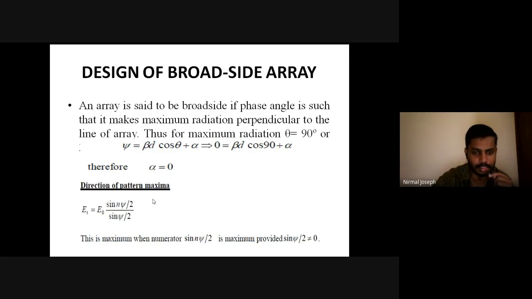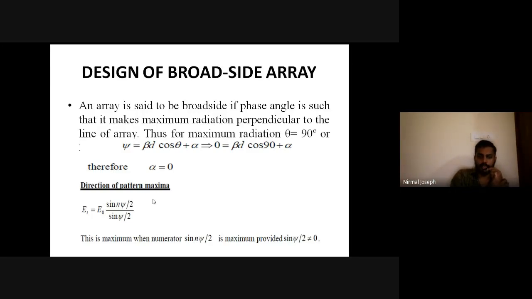These are the three steps we are going to do, whether it is a broadside array or an end fire array. Only the value of alpha and the value of theta will be different for both cases. Here we are dealing with the broadside array in which theta is 90 degrees.